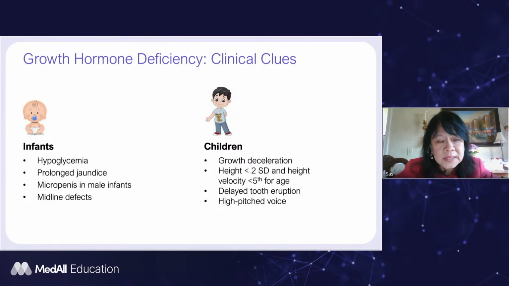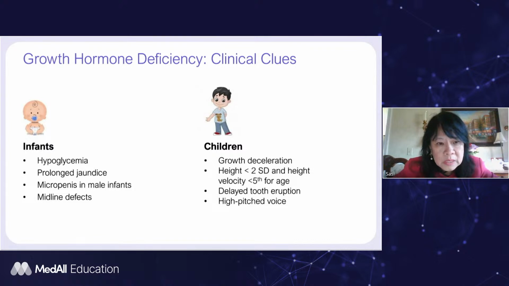In young infants, they may present with hypoglycemia, that can be present from birth, and in severe cases of growth hormone deficiency, they may also have cortisol deficiency as well, part of the hypopituitarism.